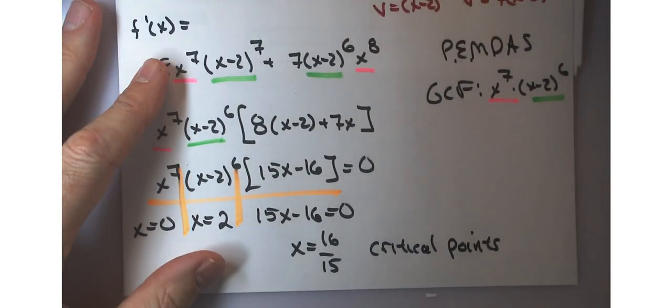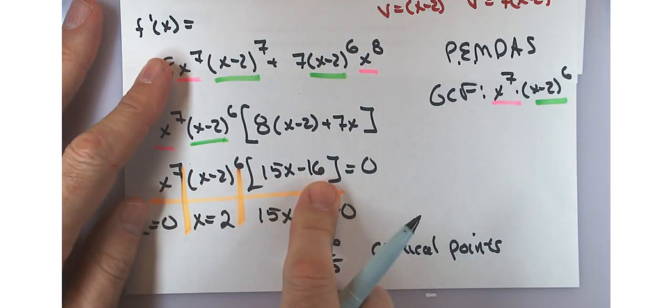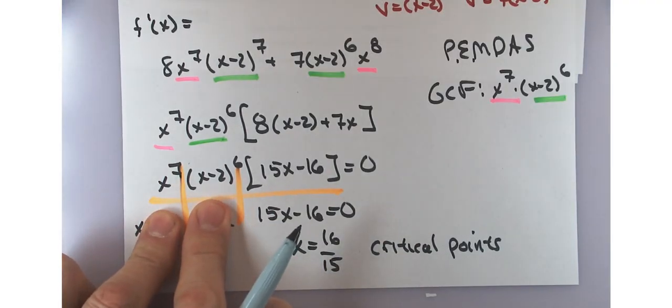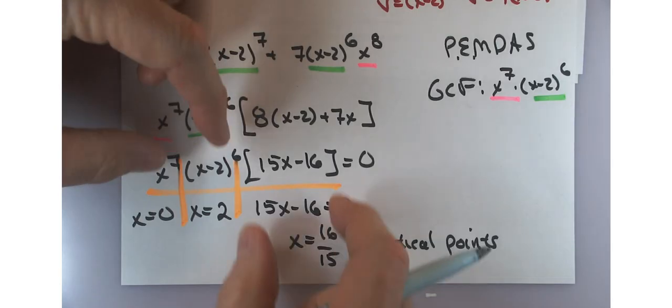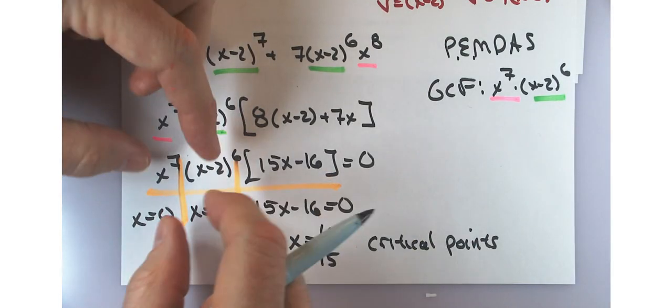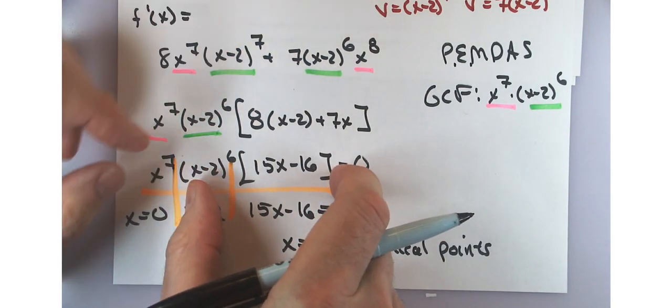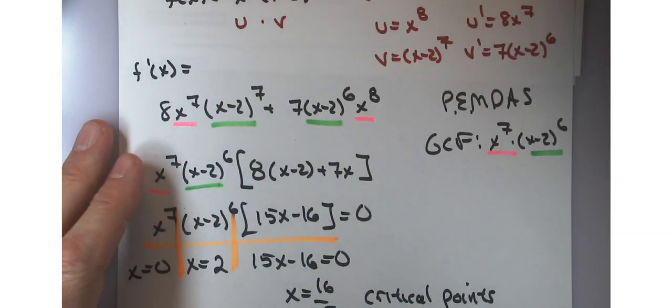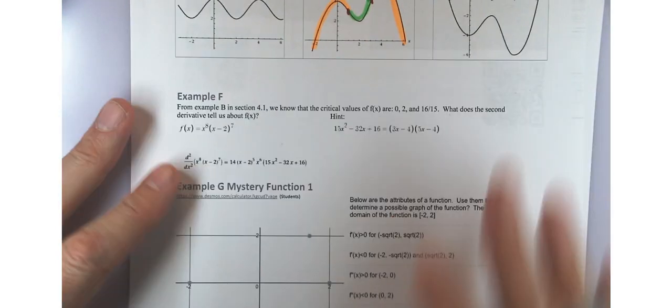Now, differentiating this again becomes a little bit more of a pain. You've got to be creative in applying the product rule. You've got to group one of these things together, either this pair or this pair, and treat that as a function and then apply the product rule to something. You'll have a nested product rule. It becomes kind of a mess. So out of kindness, I've got this here.